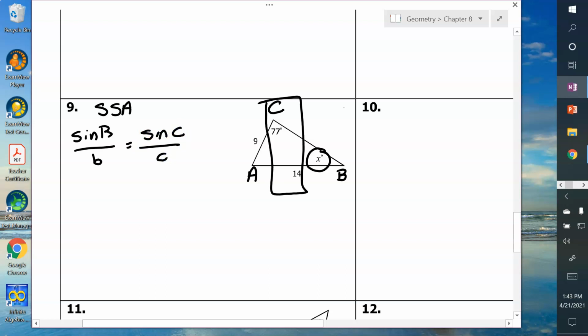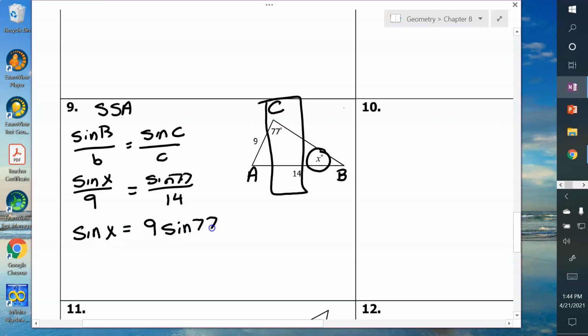All right, so sine of B, that's sine of x, over little b, which is 9, equals sine of C, so sine of 77 over little c, which is 14. So now I'm going to multiply both sides by 9, and I get sine of x equals 9 times the sine of 77 divided by 14.